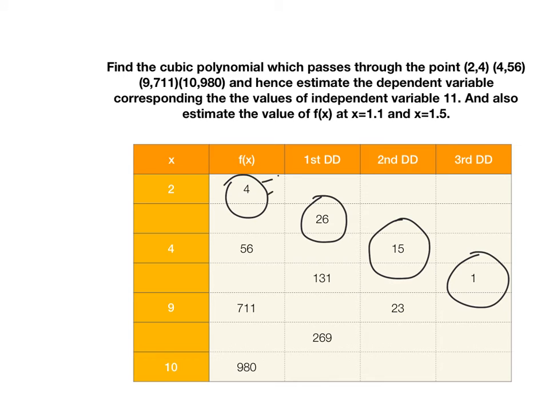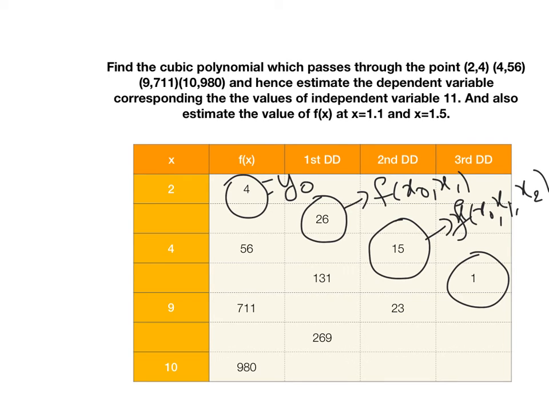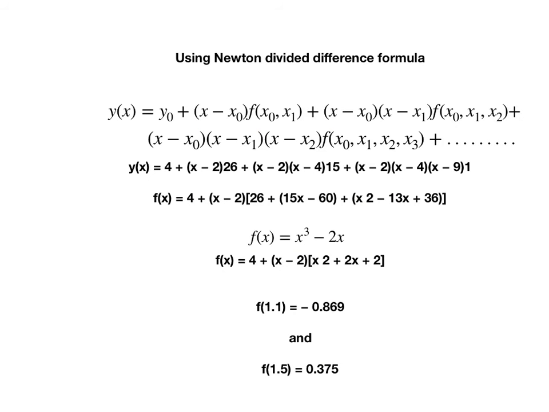This is y naught. This is f of x naught comma x1. This is f of x naught, x1, x2. Similarly, first we write the formula, Newton's divided difference formula.